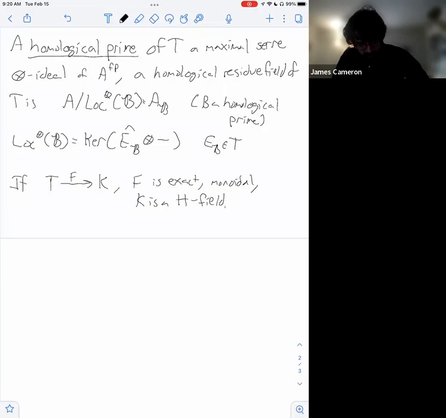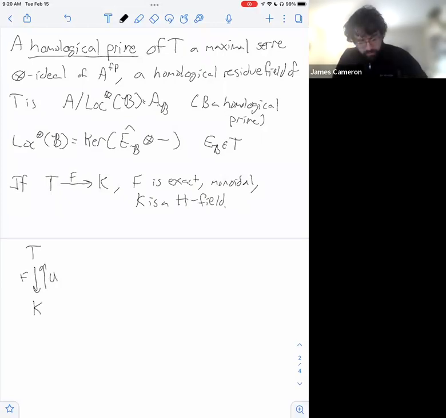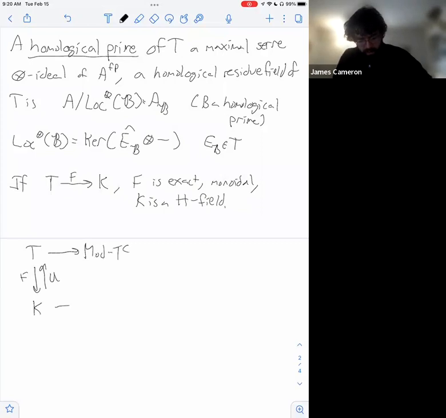Well, under these assumptions, this F has an adjoint, let's call it U, and T maps to the modules for T^c, and K maps to the modules for the compact part of K. There are some more adjoints there. Let's call that map F hat. So F hat is the induced map from modules on T^c to modules on K^c. And I could mod out by the kernel of F here.